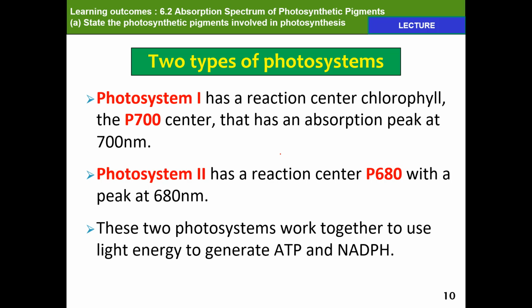There are two types of photosystems involved in the light dependent reaction: photosystem 1 and photosystem 2. Photosystem 1 has a reaction center chlorophyll, P700, with an absorption peak at 700 nanometers, while photosystem 2 has a reaction center P680 with a peak at 680 nanometers. These two photosystems work together to use light energy to generate ATP and NADPH in the light dependent reaction.